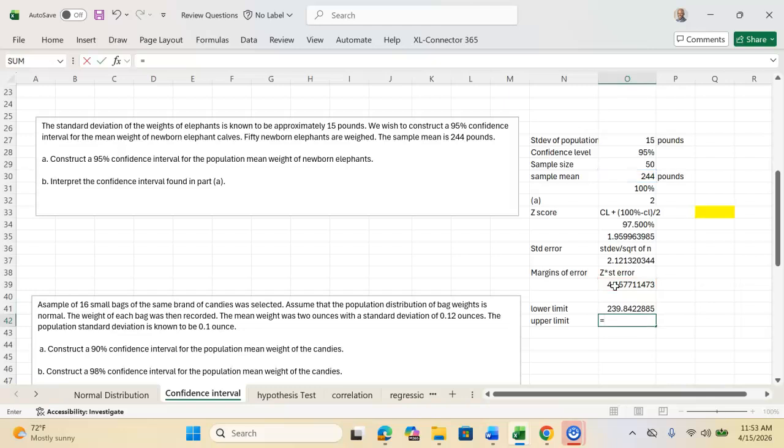The upper limit will be the sample mean, which is our point estimate, plus the margin of error, and that will give us that particular value. You can bring them to 2 decimal points.